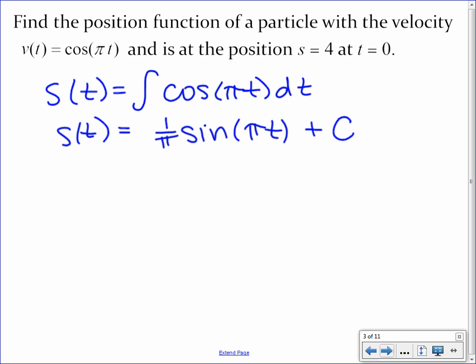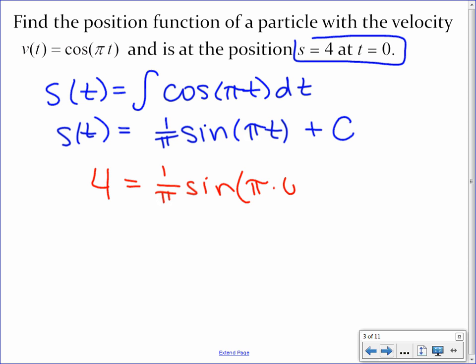We have our initial conditions. So our position is 4, and our time is 0. What's the sine of 0? Huh?